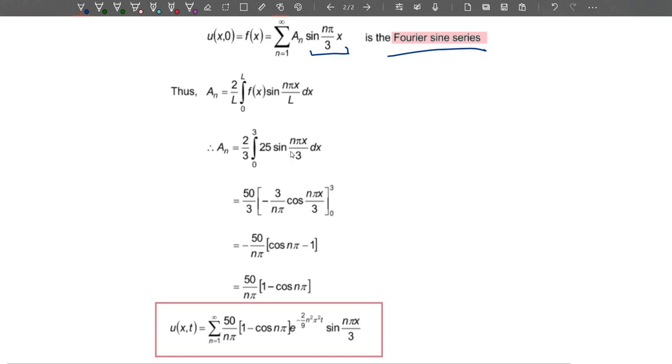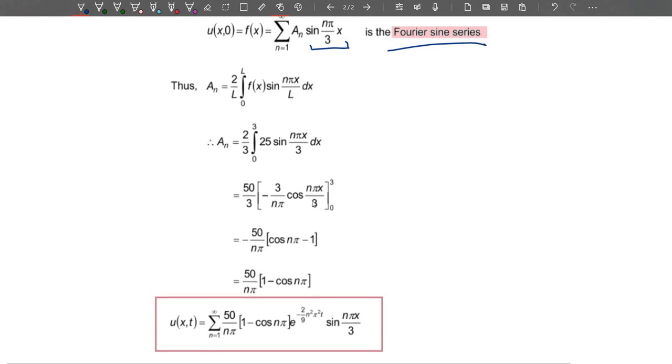And then this one should be 1 over a, where a is n pi over 3. So negative 3 over n pi cos n pi x over 3 from 0 to 3. Substitute the value of the upper boundary minus the substitution of the lower boundary. You will have cos n pi minus 1 here.